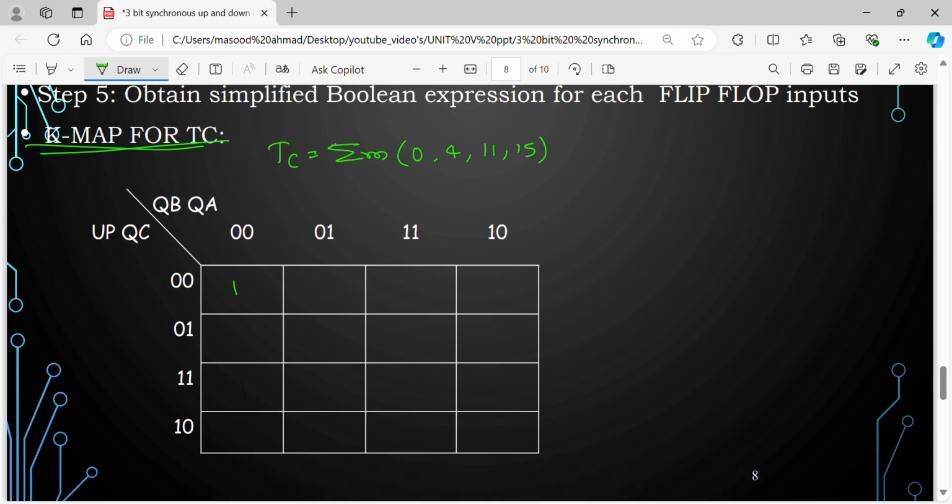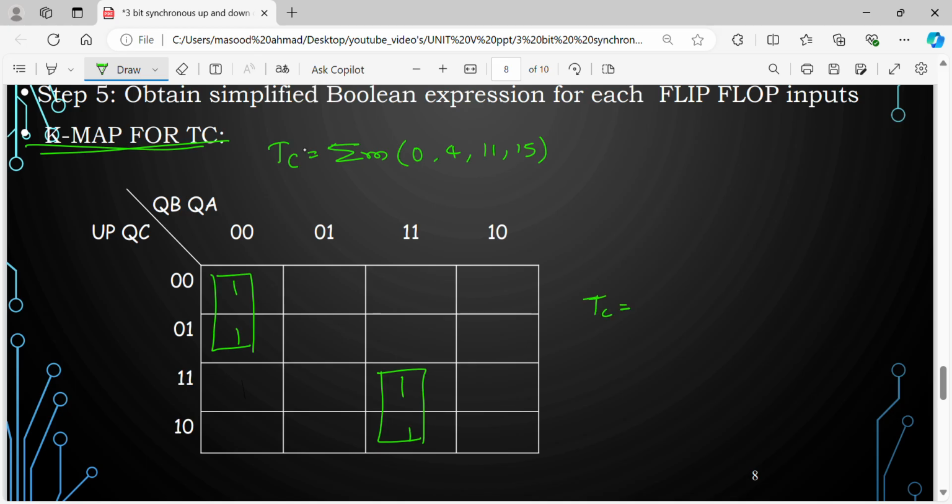So 0 is this, 4 is this. Okay. Where is 11? So 8, 9, 10, 11, and 15. So this 2 and this 2. What is the expression for TC?